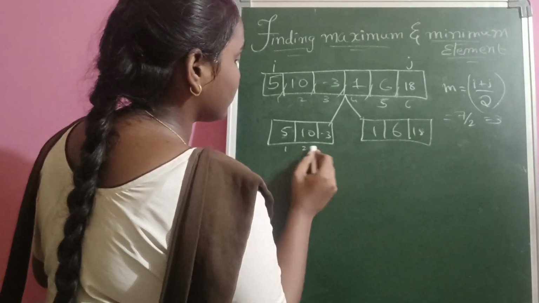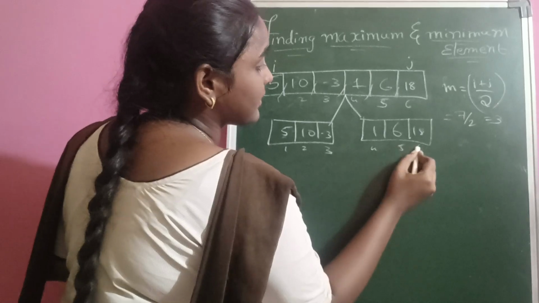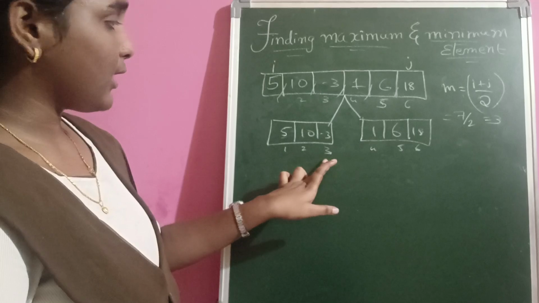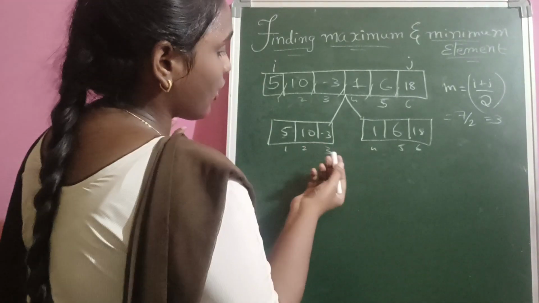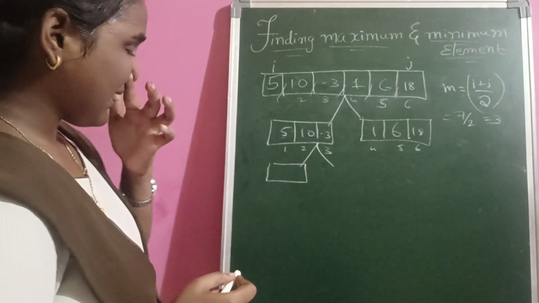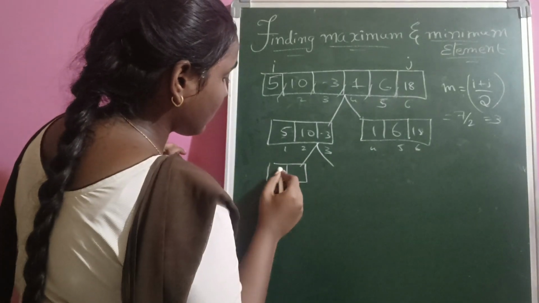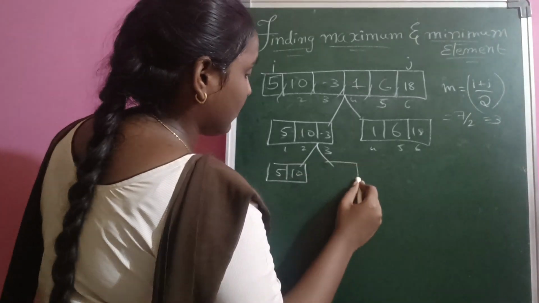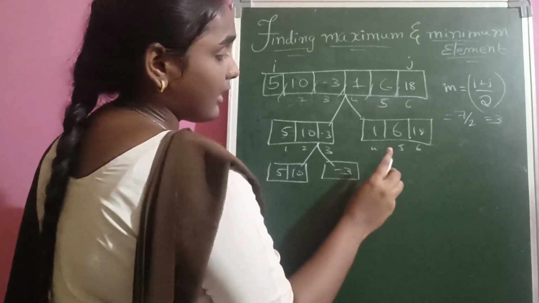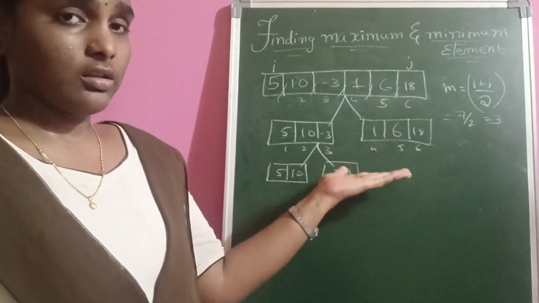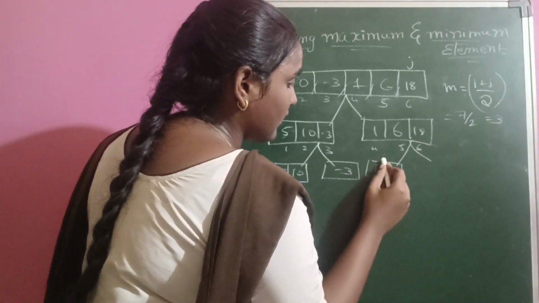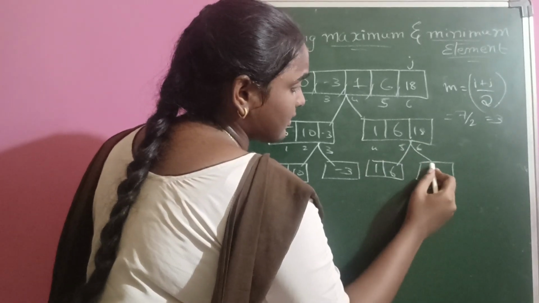Again we apply this formula to the subarray: 1 plus 3 is 4, divided by 2 is 2. So here 5, 10 and here minus 3. Again 4 plus 6 is 10, and 10 divided by 2 is 5. So like this 1, 6, and 18.